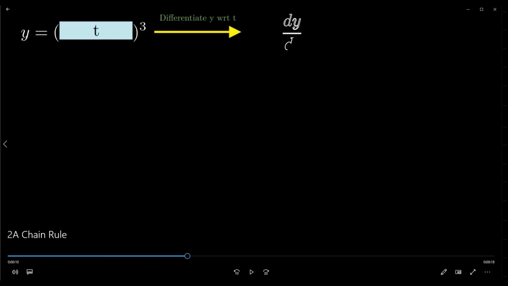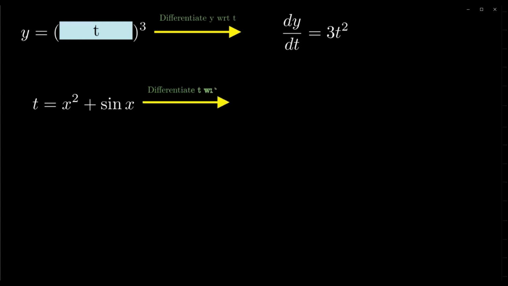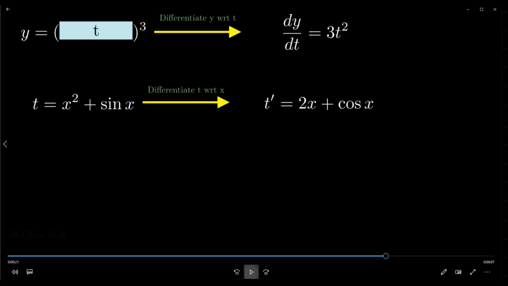Now I'm going to differentiate y with respect to t. So we'll get 3t square. Okay, quite simple. Next, I have t, remember. Now I'm going to take t and differentiate with respect to x. So I get 2x plus cos x, because differentiation of x to the power of n is n into x to the power of n minus 1, and the derivative of sin x is cos x.